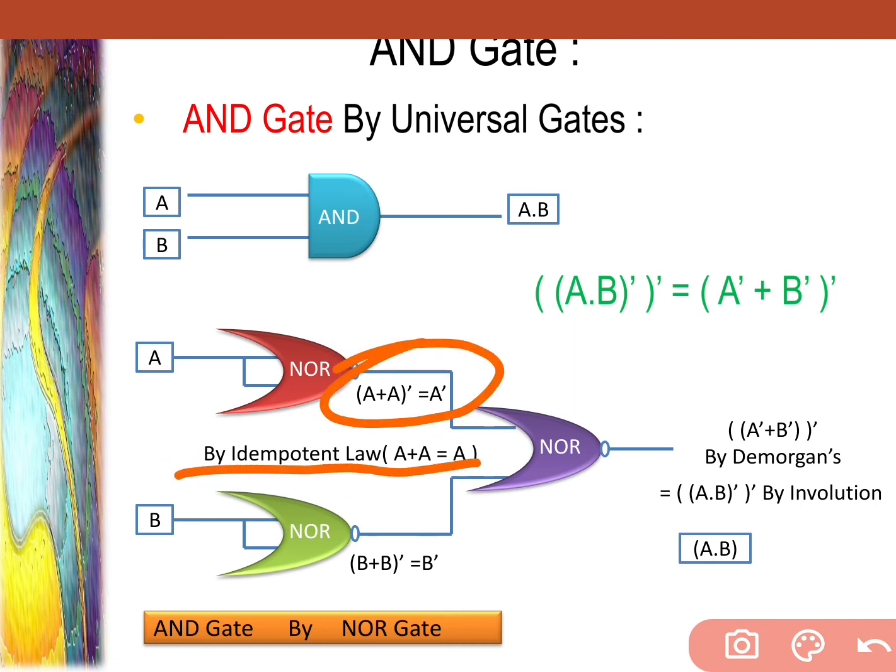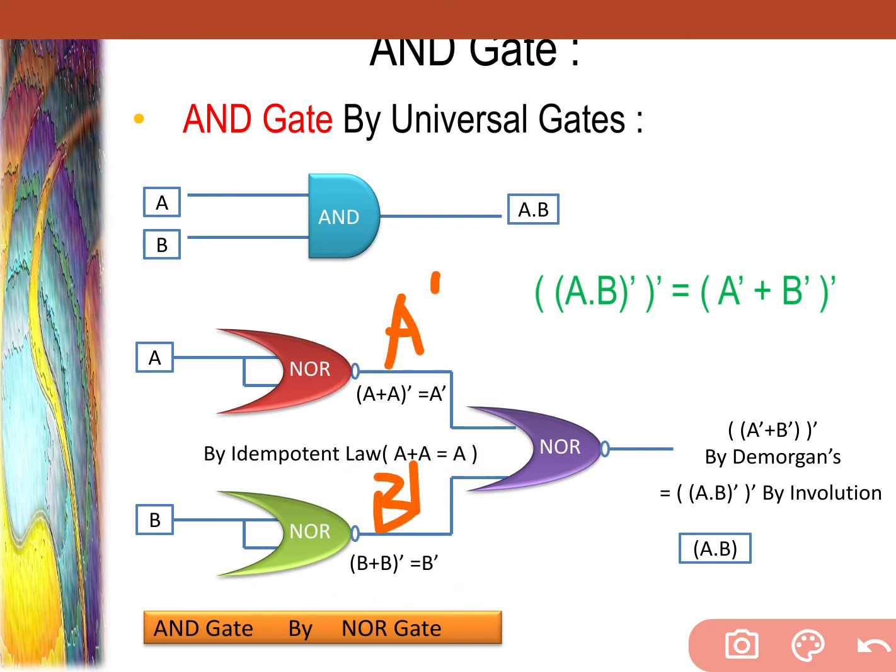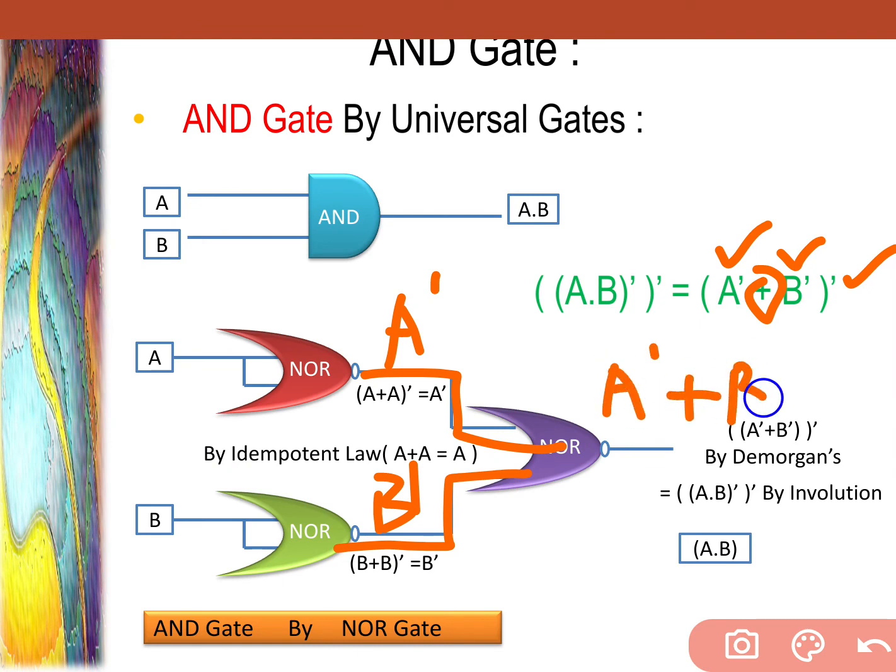Previously I told you the same funda I'm using for creation of A dash and for creation of B dash. I had created this, and then I want plus and dash. That's why I'm sending A dash and B dash, and then NOR will provide me A dash plus B dash whole dash.